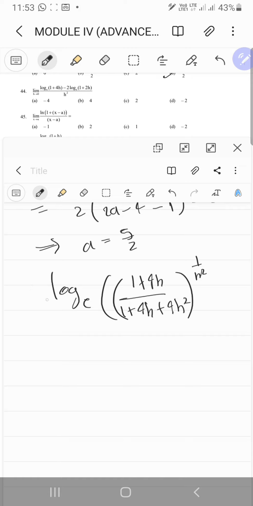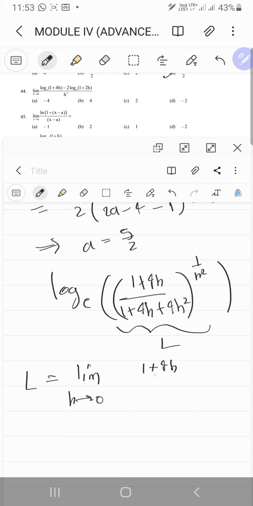Let's call this thing 1 upon L. Let's say that the limit as h approaches 0 of this thing is going to be L. So L is the limit as h approaches 0 of 1 plus 4h upon 1 plus 4h plus 4h squared to the power of 1 upon h squared.